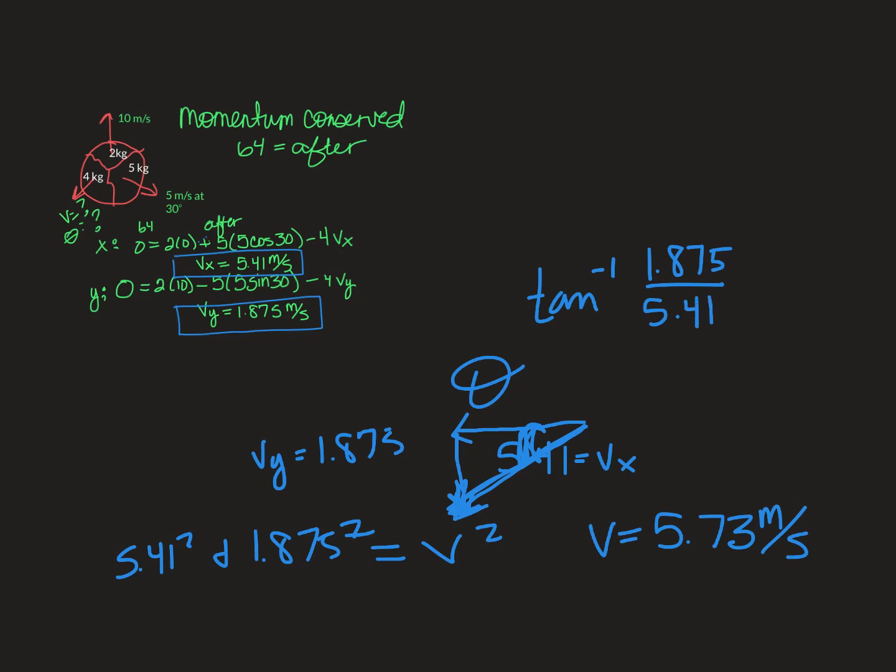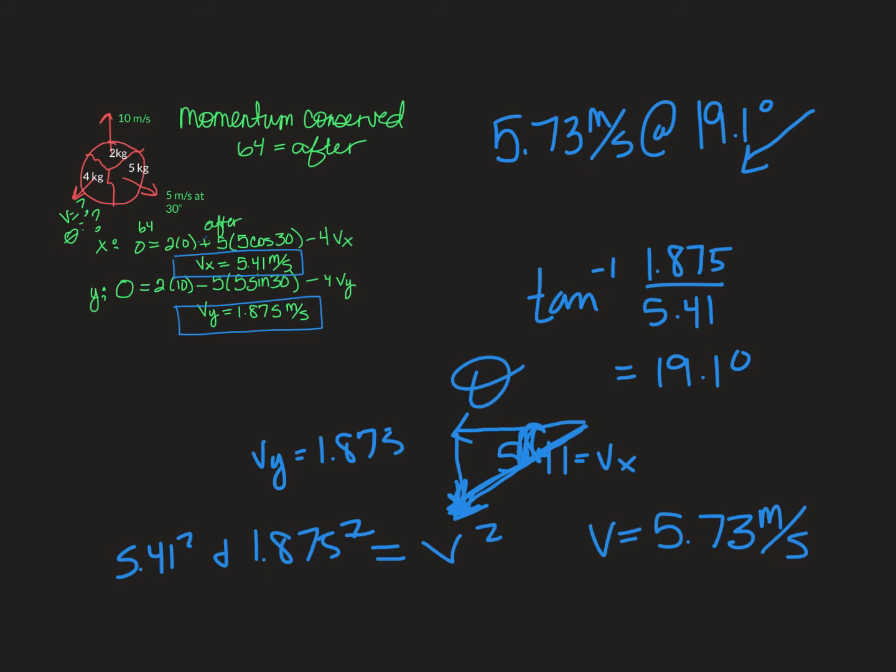So the inverse tangent of that is 19.1 degrees. So our last little piece, our little 4 kilogram piece, is going 5.73 meters per second at 19.1 degrees down and to the left.